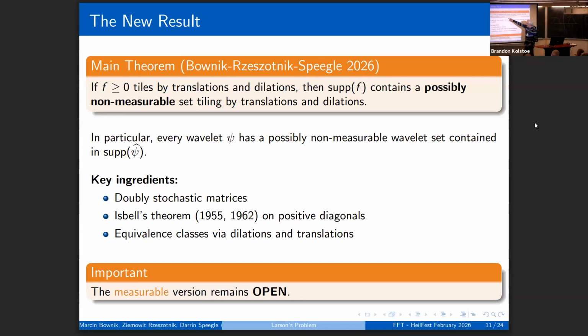And we said, if you have a non-negative function that tiles by translations and dilations, for example, the modulus of psi hat squared, then its support contains a possibly non-measurable set that tiles by dilations and translations. So we haven't solved the problem because we don't know whether it's measurable, but you can definitely get at least a set that's non-measurable that tiles by translations and dilations.